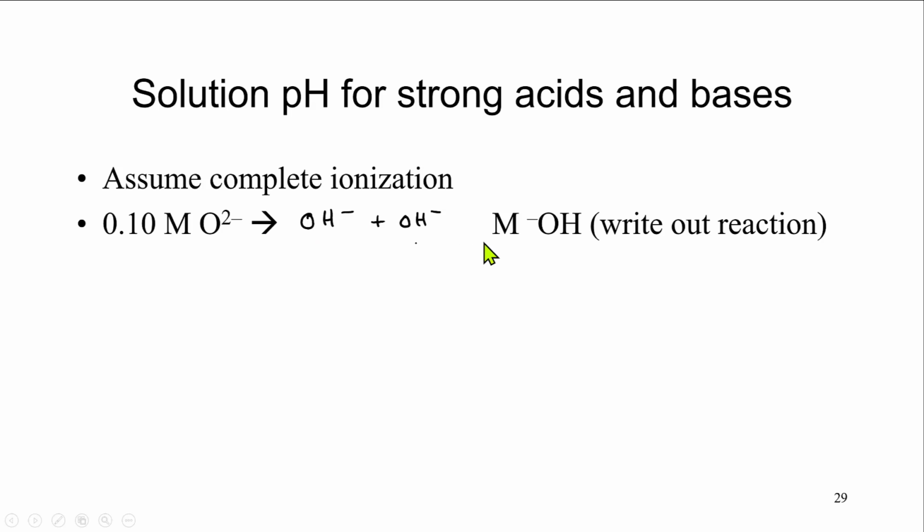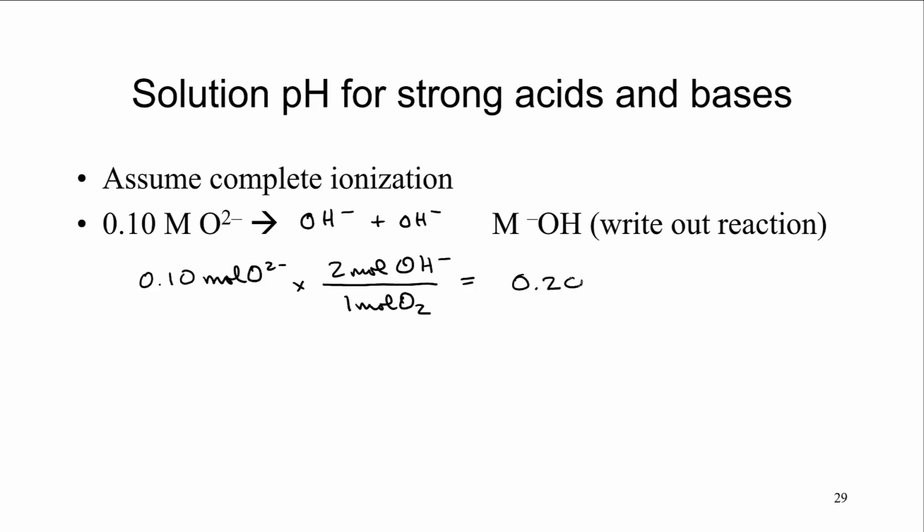So to calculate the pOH in this case is a little trickier. So I have 0.10 mole of oxide, and then it's 2 moles of hydroxide for every 1 mole of O2. And so from that, even though this looked like a super simple problem at first, we end up with 0.20 molar OH minus.